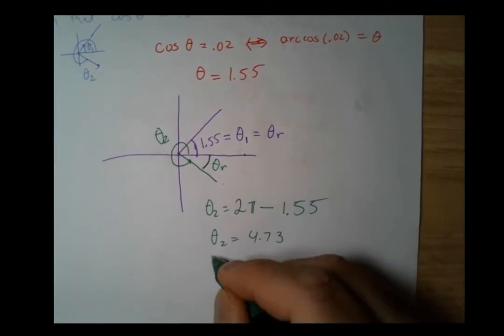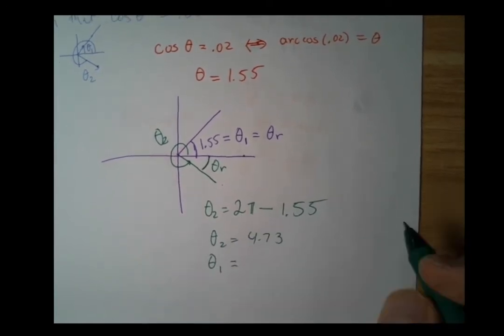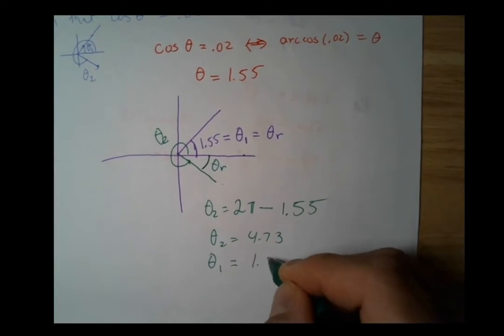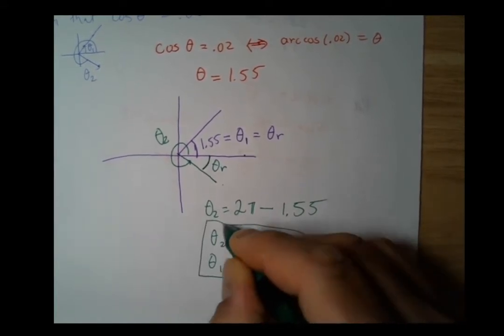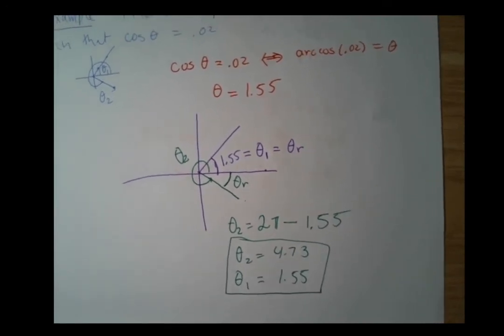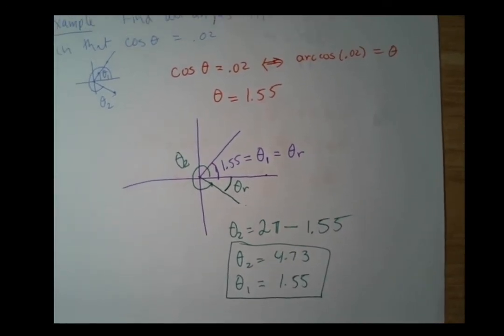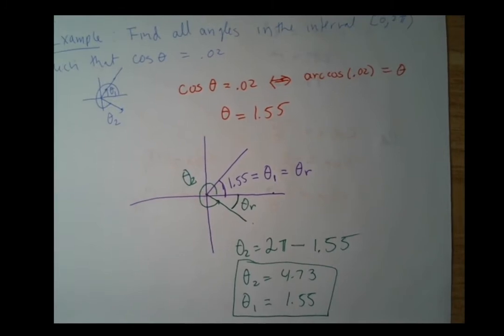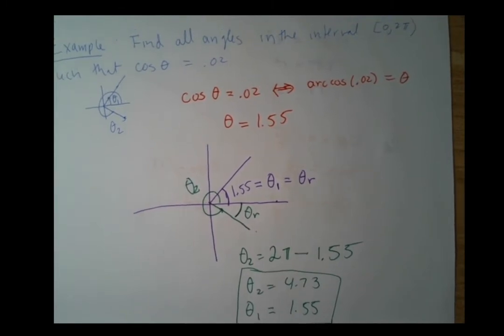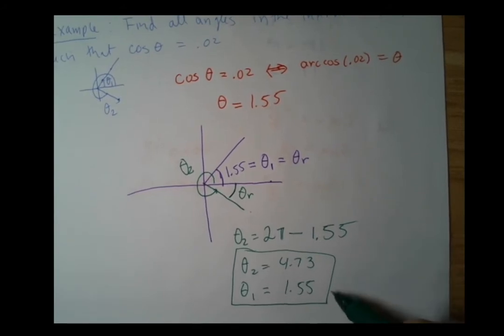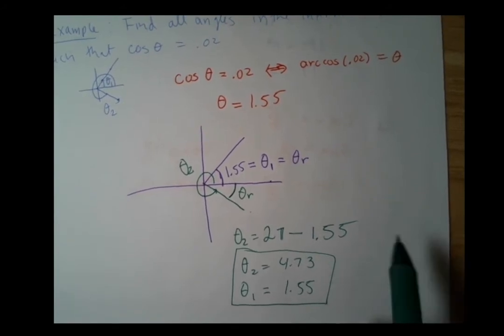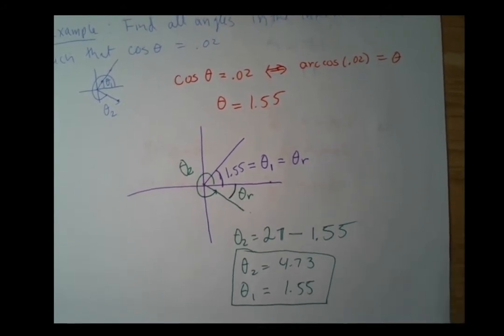And from our initial calculation, theta 1 is equal to 1.55. Right away, with a little bit of work, we're able to get both of these angles. Again, remember, a calculator is very fast at doing calculations, but not very smart. There's no way that it can give you these two values. It is up to you to interpret with the knowledge that we've gained so far in this course.